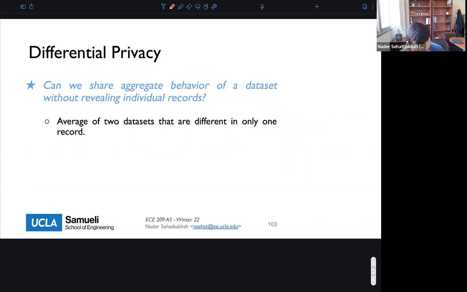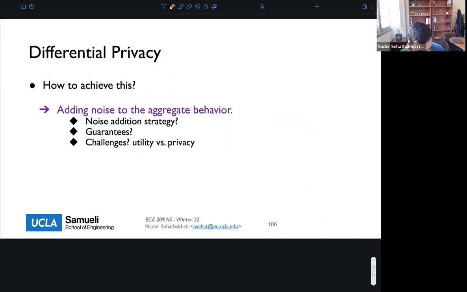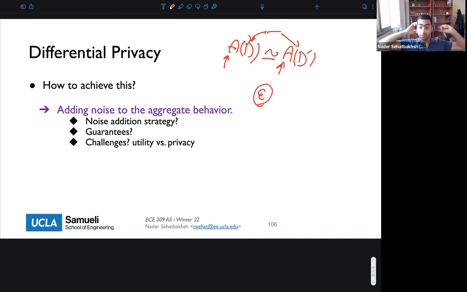And the interesting thing about differential privacy is that there are methods to guarantee that if we apply the same algorithm to two data sets, the original data set and the data set created by differential privacy, and the algorithm could be, again, the average or some sort of statistical method, the values would be almost the same within some threshold. So there will be a predefined threshold, and this threshold basically says that these two aggregate behaviors will be this close to each other.